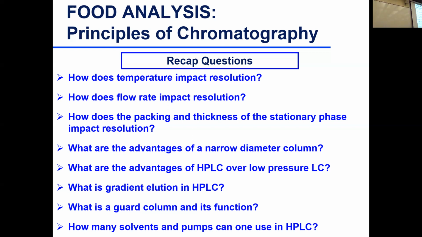So you reach equilibrium really fast, but you don't have capacity. So you cannot load a lot of samples. You don't have capacity, but you get really nice sharp peaks. So you have to decide, do you care for capacity or do you care for resolution? So then you would decide which way to go with your thickness of your stationary phase.